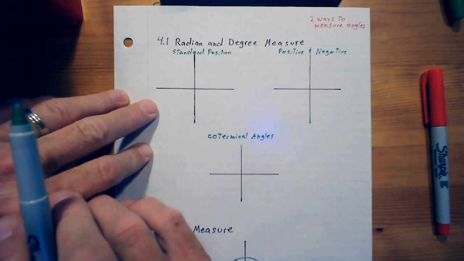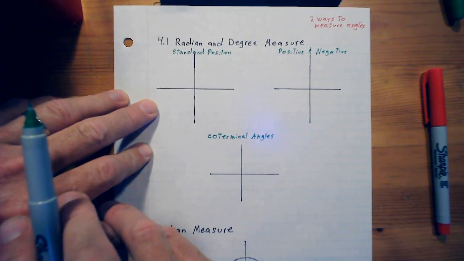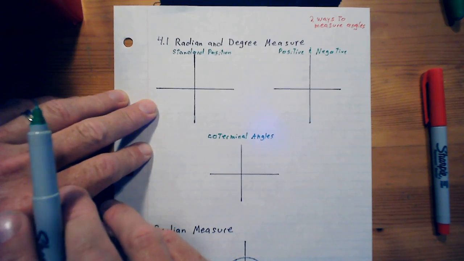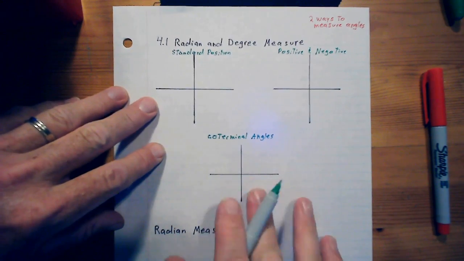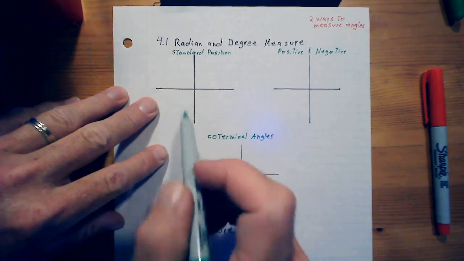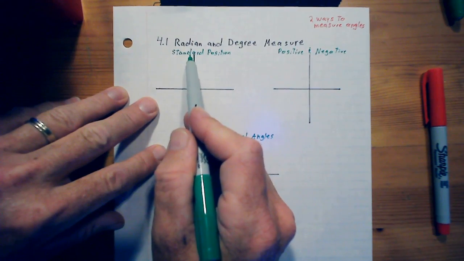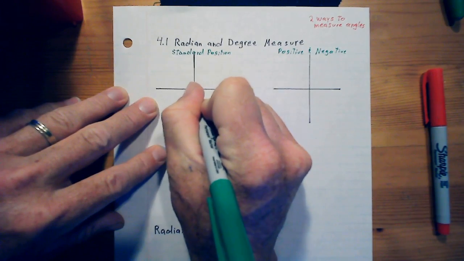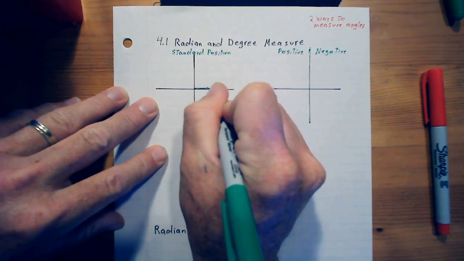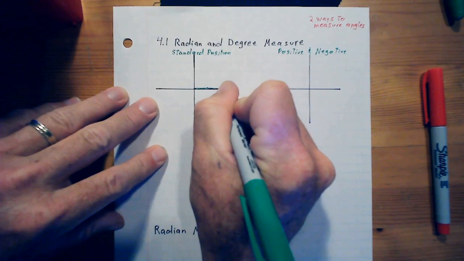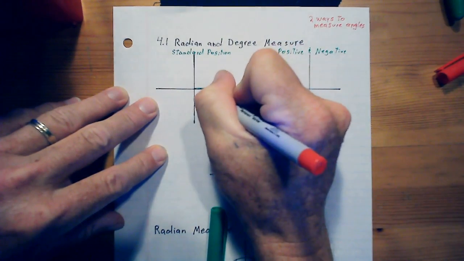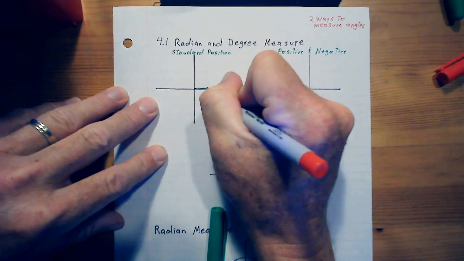But before we get to that, let's get some basic information about angles and how we're going to draw them. Let's get some labels right. So an angle in standard position has got a couple of properties. For one thing, it has what is called the initial side.